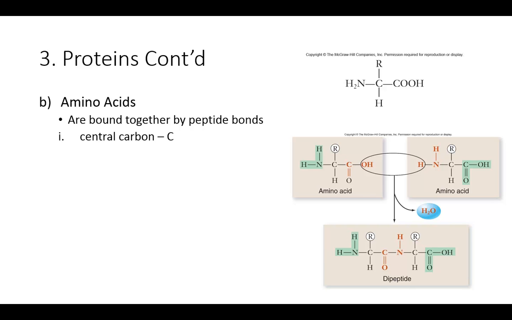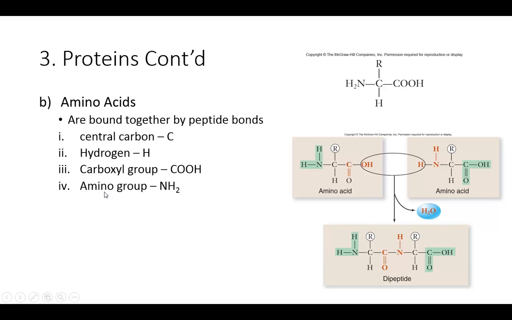So this central carbon is going to make a bond with a hydrogen atom, a bond with a carboxyl group, which is a carbon, 2 oxygens, and a hydrogen, a bond with an amino group, which is a nitrogen and 2 hydrogens, and then a bond with an R group. The R groups vary, and that's what defines what an amino acid is.